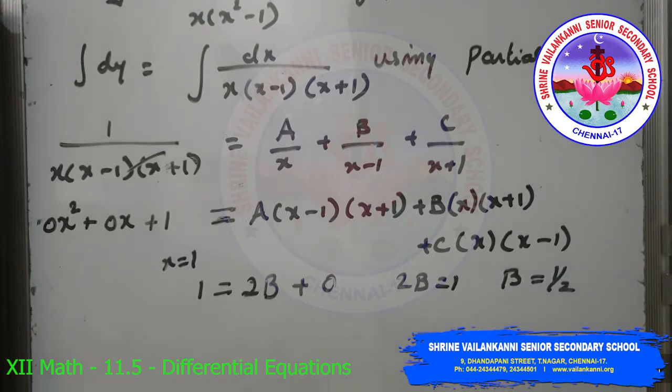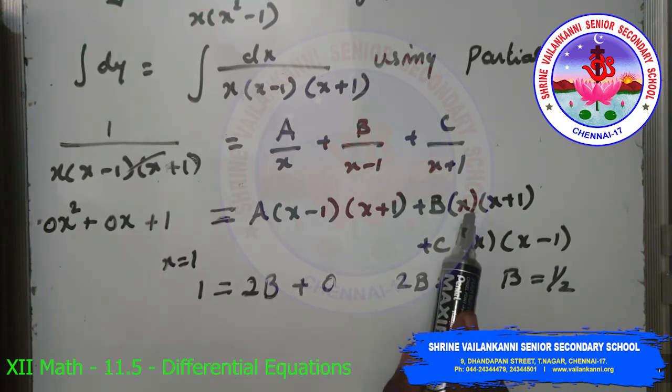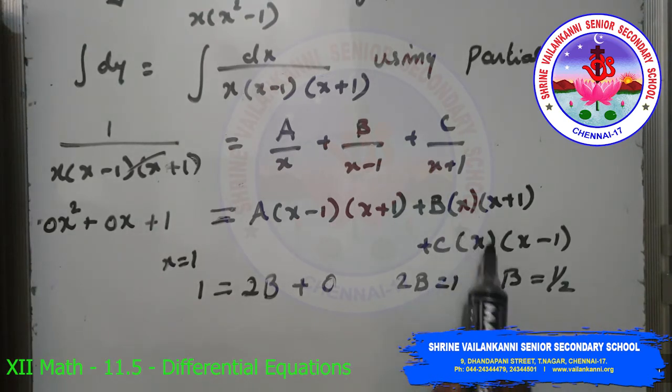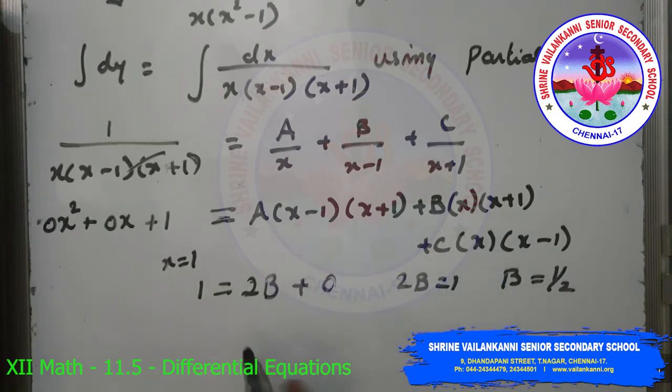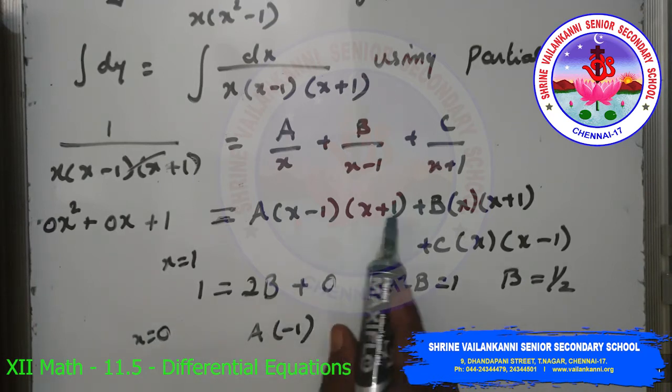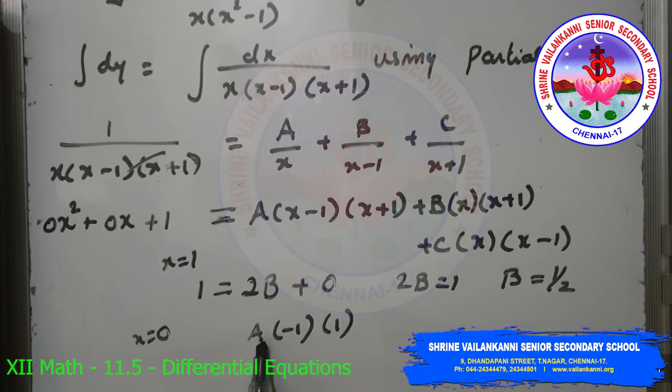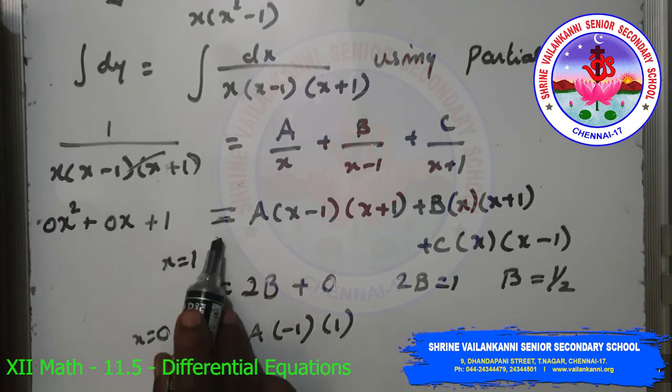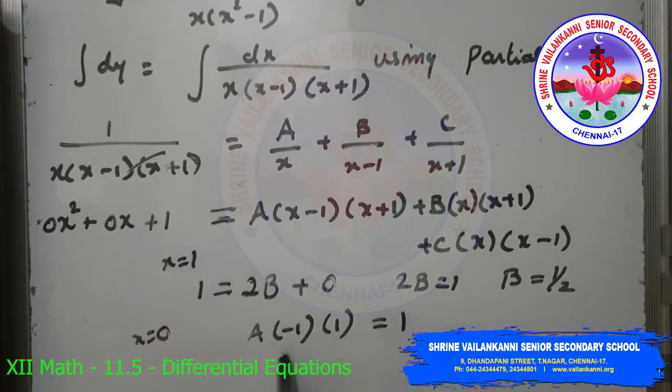Again, when we take x as 0, b and c become 0. Then a into 0 minus 1, which is minus 1, and 0 plus 1, which is 1. So a into minus 1 into 1 equals 1, so minus a equals 1, and a equals minus 1.